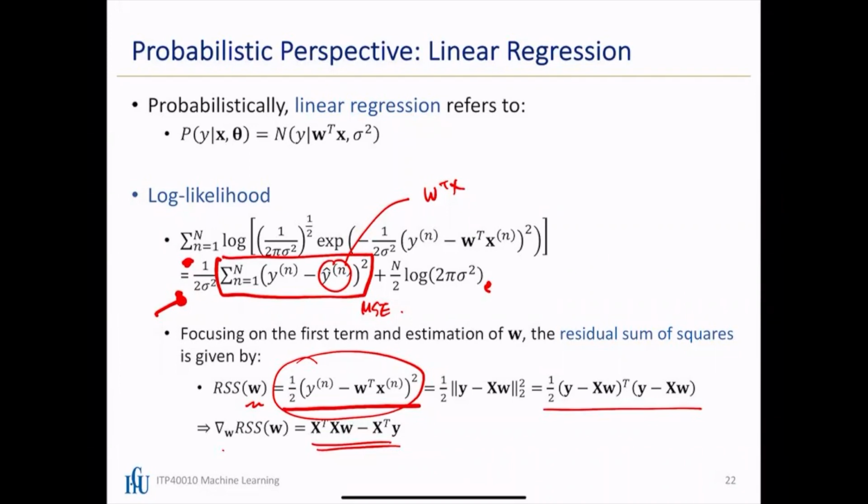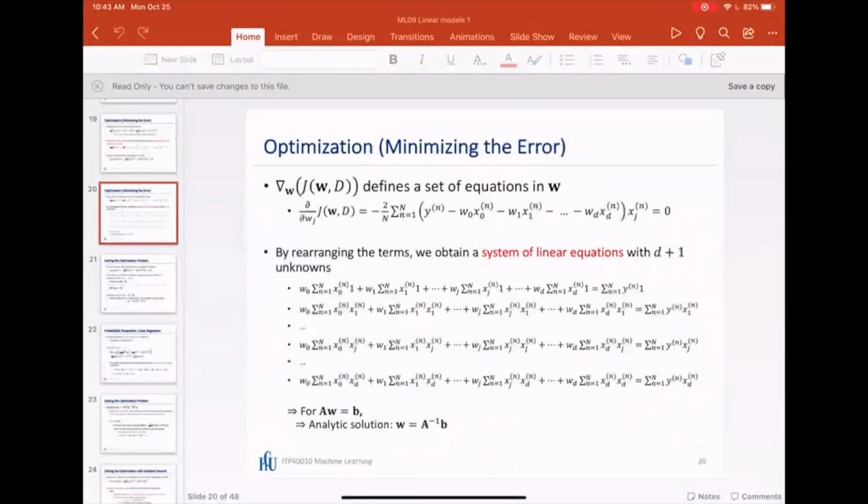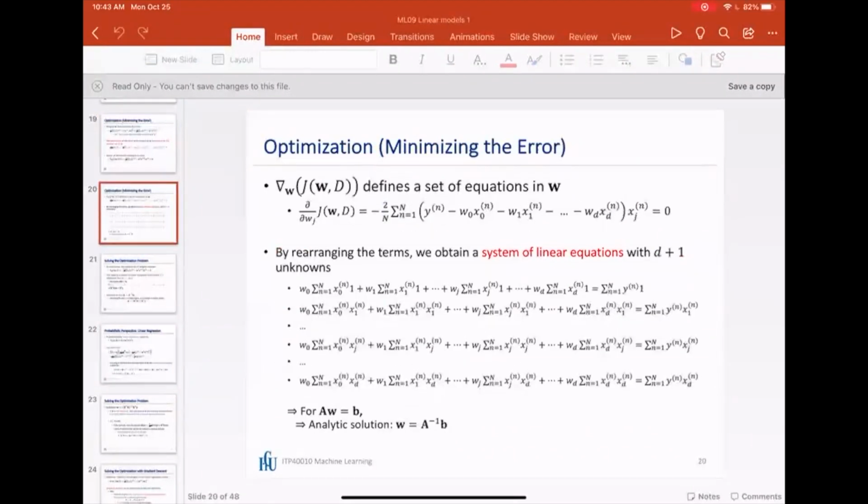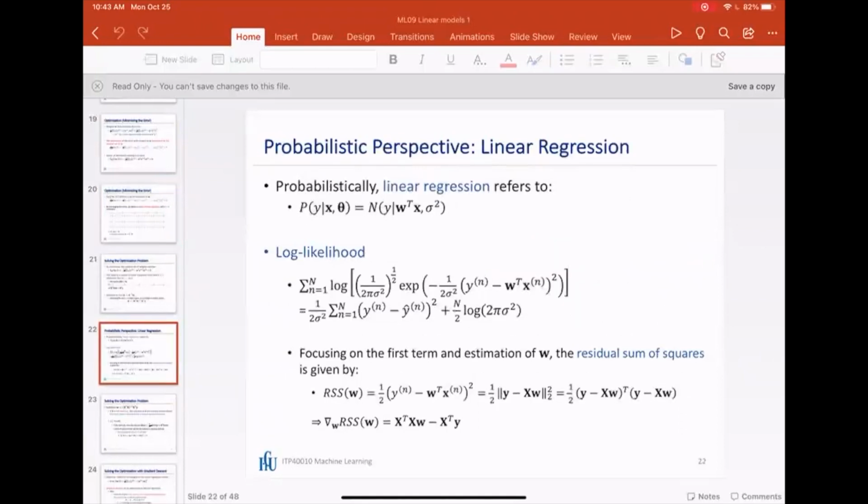So we have talked about two things. One is defining the mean squared error from the matrix multiplication and trying to optimize that term. That is equivalent to the probabilistic point of view.